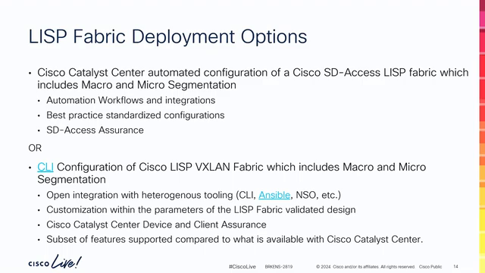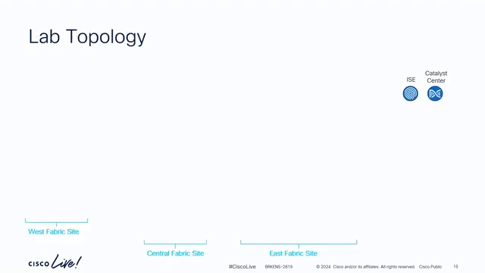So if you love LISP and VXLAN, but you have your own homemade automation solution that the business is married to, then you can take our Ansible playbooks, or you can take the CLI configuration guide and feed the SD Access configuration models into that. We won't discuss that component of SD-Access today, but the concepts we're presenting, SGTs, virtual networks, border nodes, are equally applicable to both deployment methods because it is just SD-Access.